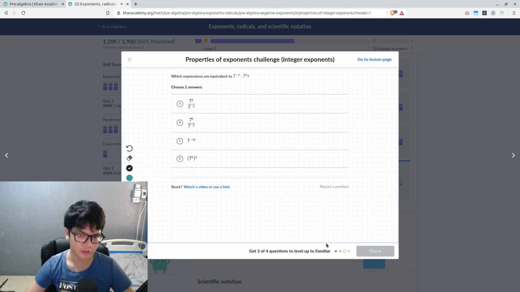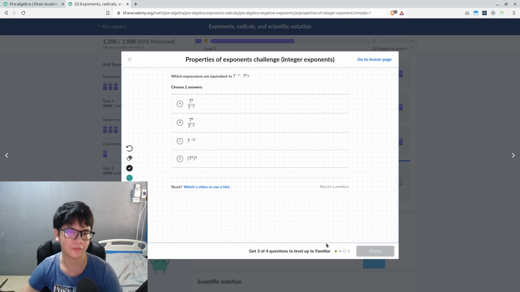Okay, which expressions are equivalent to 7 to the negative 2? I'll choose two answers.